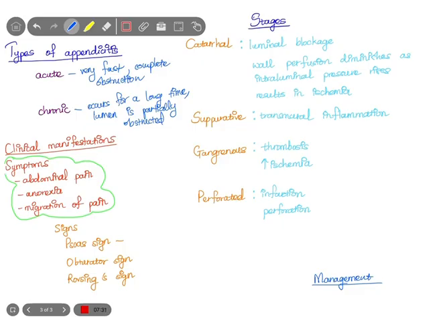Now, this means that the inflammation worsens over time, and in the same manner, it causes the internal pressure to build up.